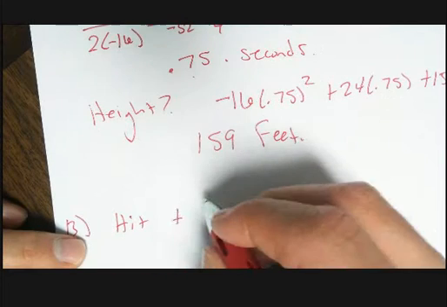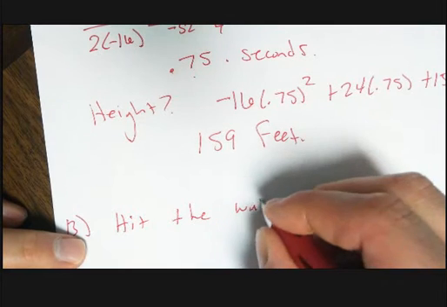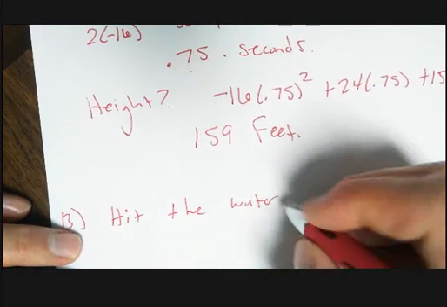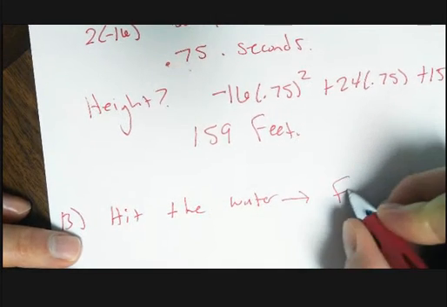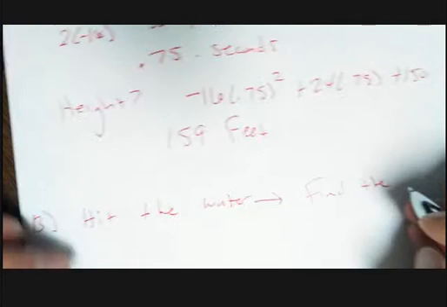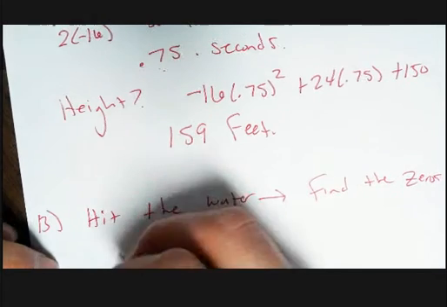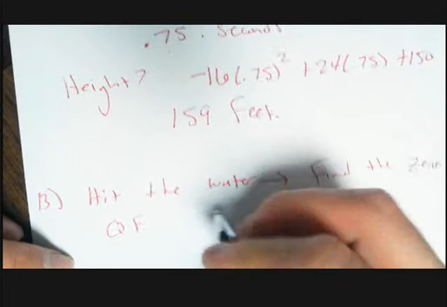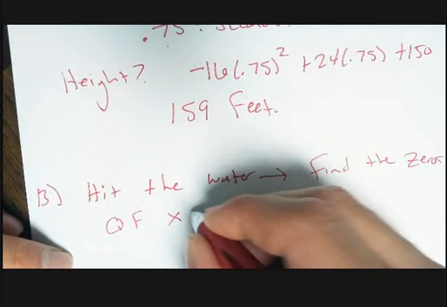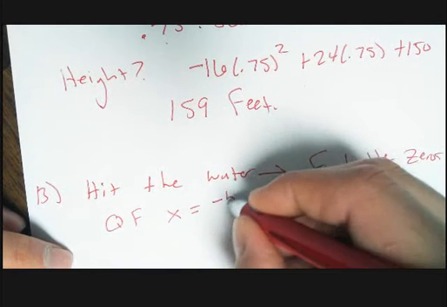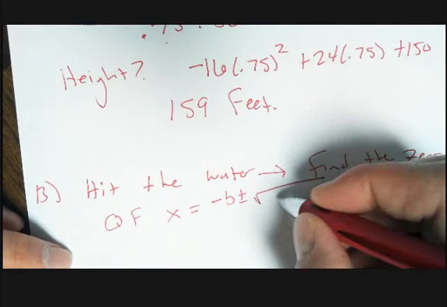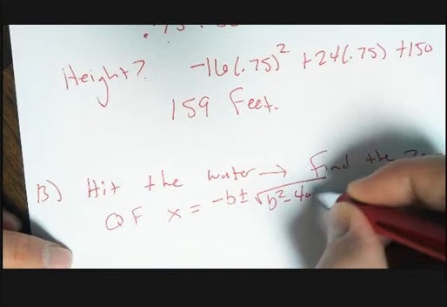And then part B says, when will it hit the water? Well, if we consider water or ground as the x-axis, this means find the zeros. And if you look at that equation up there, you can't really factor it, so we're going to use the quadratic formula, which is x is equal to opposite b plus or minus the square root of b squared minus 4ac, all over 2a.